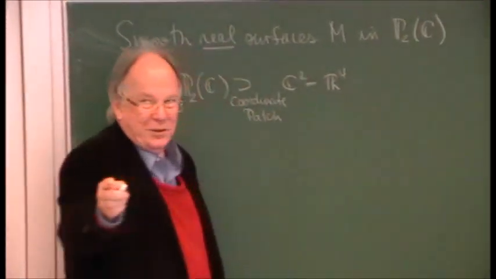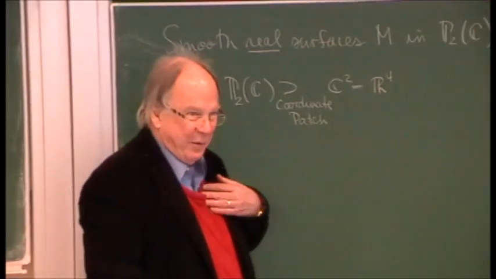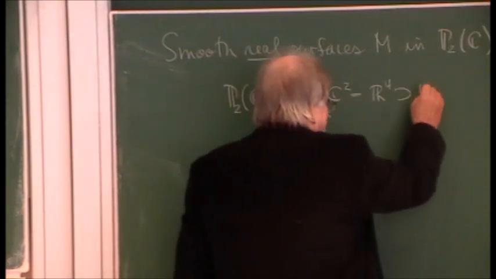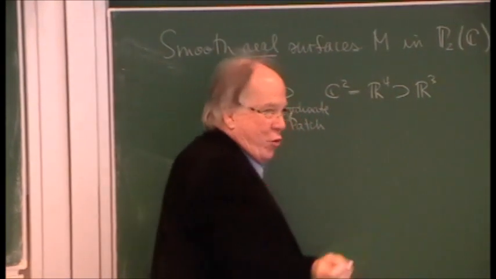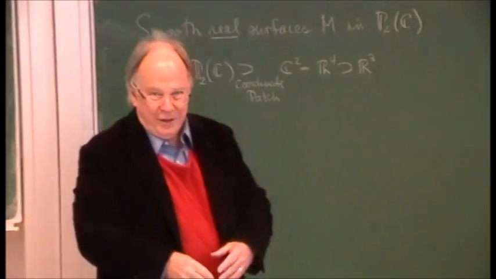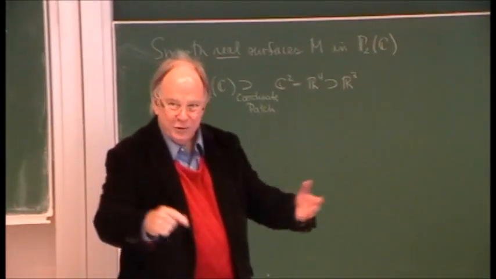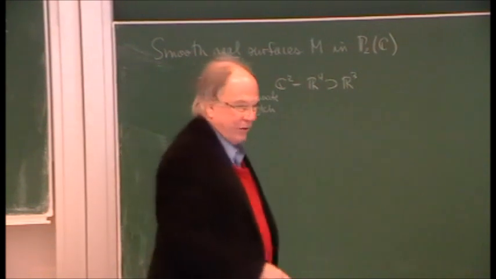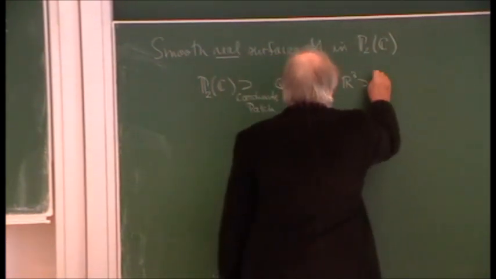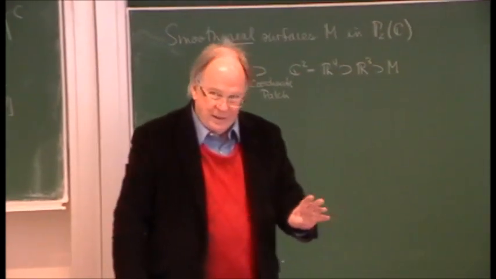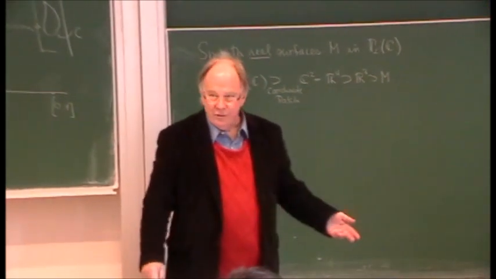I could have answered your question yesterday with a stupid remark, but I'm happy I waited because then you can think a little bit more. So this contains R3, and this is our room here, and everybody believes that you can put a surface of genus g in our room. You see it, right? There's nothing going on here. So this is the answer to your question.